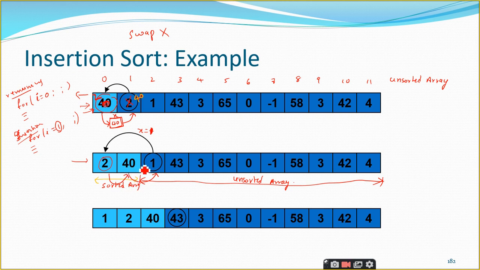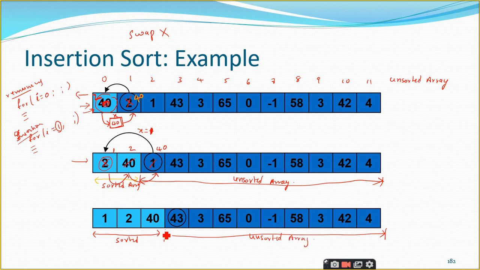So, this 1 is replaced with 40 and 40 is replaced with 2. Now, I have created a space here, I have to insert that one. So, you replace this 2 with 1, this is what I will get here, 1, 2 and 40, this is the sorted array, and 43 to 4, this is the unsorted array.